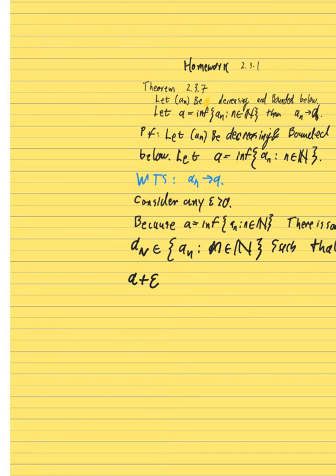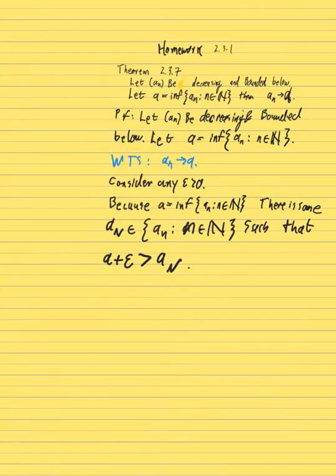The idea is A is the greatest lower bound, so A plus epsilon is not a lower bound. So there's something in the set which is less than A plus epsilon. So I've come up with my choice of big N.